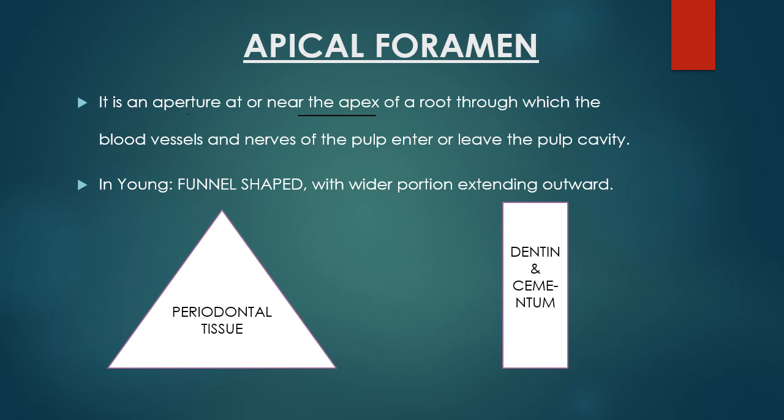It is usually funnel shaped in young age, with the outermost side facing a wider portion extending outwards, whereas in an adult patient it becomes very narrow. In a young patient it is funnel shaped and filled with periodontal tissue, whereas in an adult it is filled with dentin and cementum.